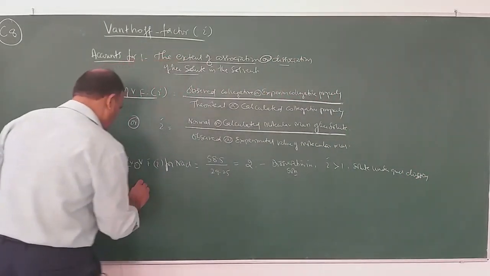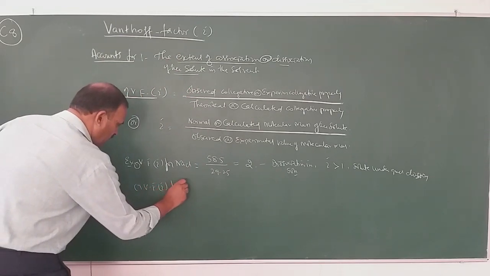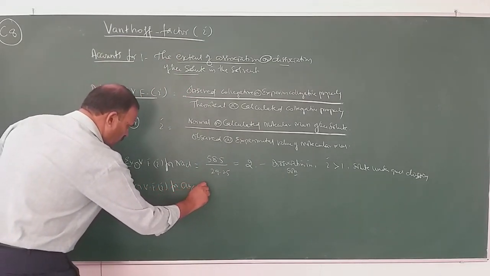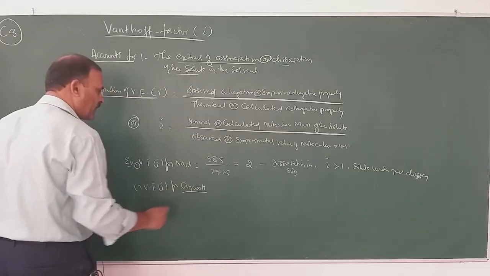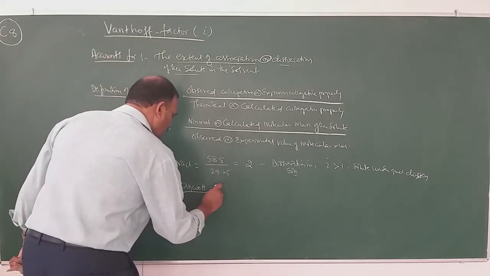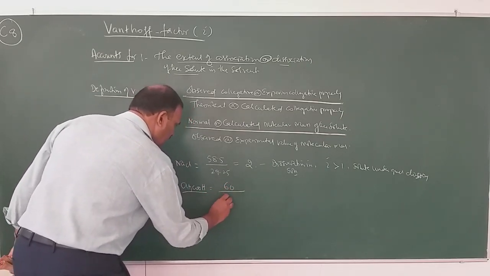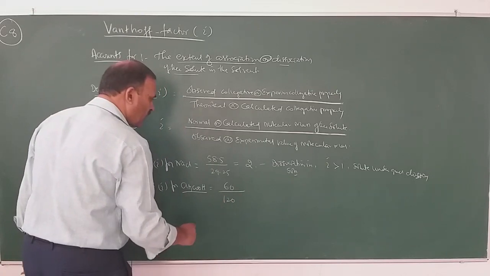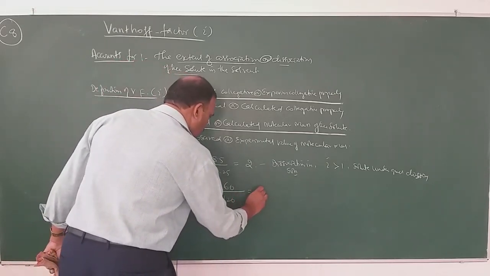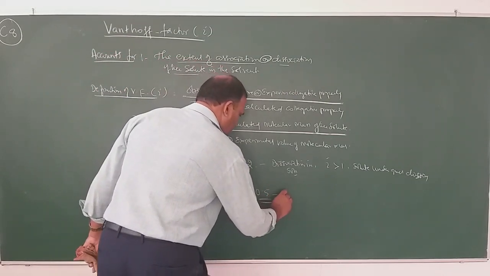Next, the Van 't Hoff factor i for CH3COOH, acetic acid. Its calculated molecular mass is 60, and its experimentally determined molecular mass is 120. It is equal to 0.5. So what happens here?